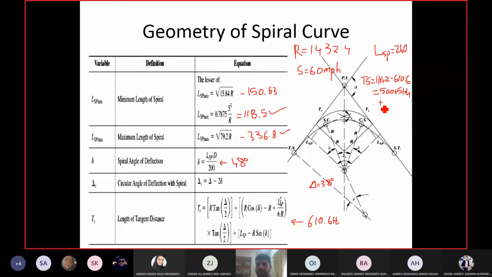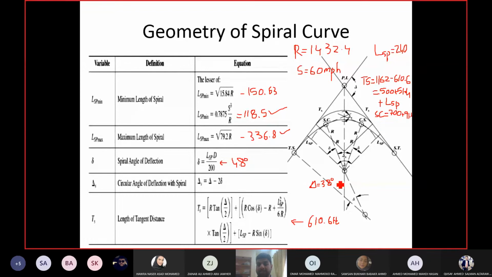So to the station of TS, I will add LSP, which you have taken as 240 feet. Give me SC. It's 700 plus 91.4.